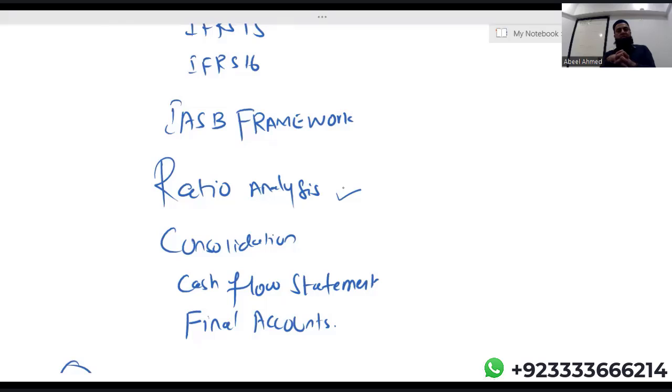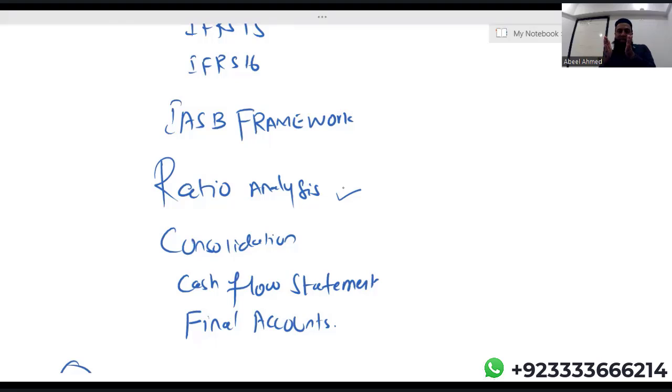But many times, the examiner has also asked in past papers ratio analysis relating to group accounts. For example, let's say we have calculated the ratio analysis of the individual books of the parent. Now the examiner is asking us to calculate the ratio analysis of the group, and then asking us about the interpretation.